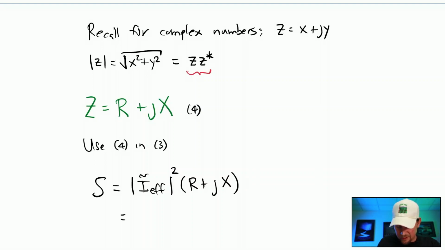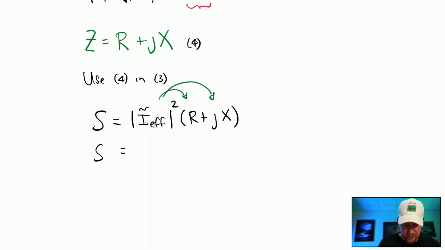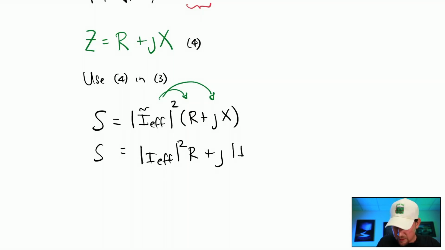And if I just distribute these like that, I can even rewrite it as the magnitude of the effective current squared times resistance plus j, the magnitude of the effective current squared times the reactance like this.